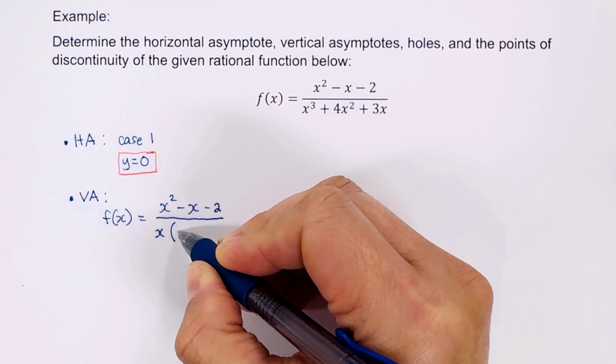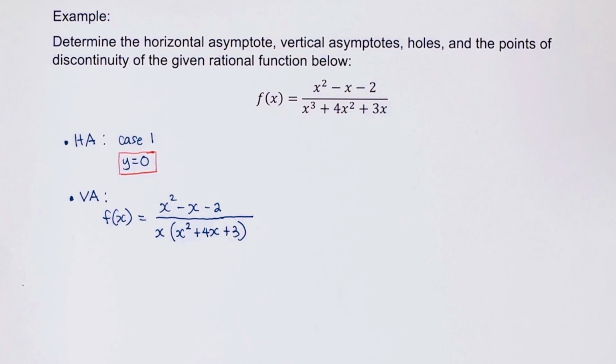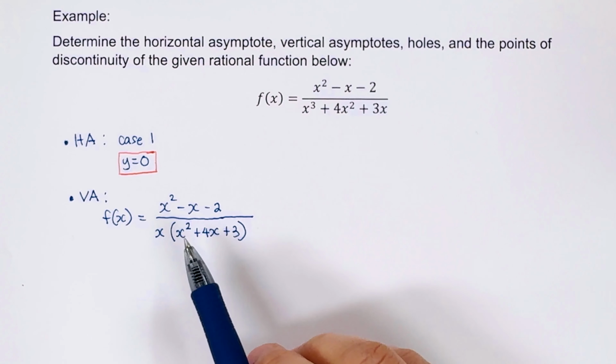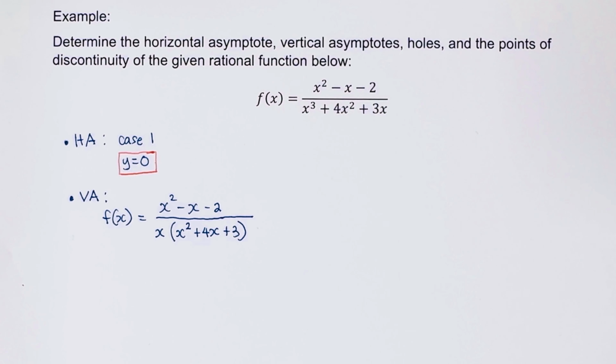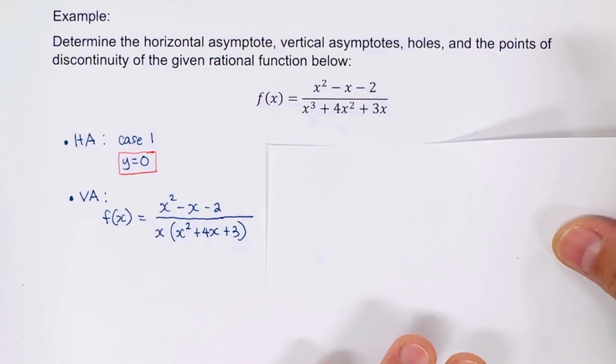Again, to determine the vertical asymptote, we're going to simplify this given function by canceling any common terms. So I go ahead and use the box and diamond to factor these two. We're going to start with x squared minus x minus 2.